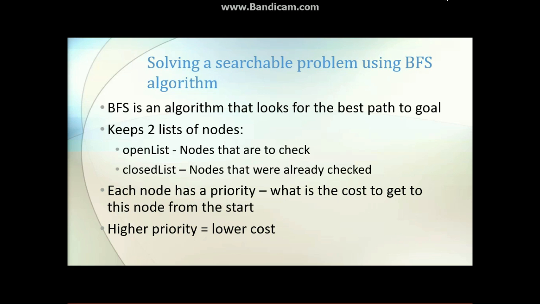The BFS, best first search, uses the priority queue of the nodes that are to be checked, so it always checks for the best nodes. We keep track of all the nodes that are to be checked and all the nodes that were checked previously. Each node has a priority, which is the cost to get to this node from the start. Higher priority means lower cost.